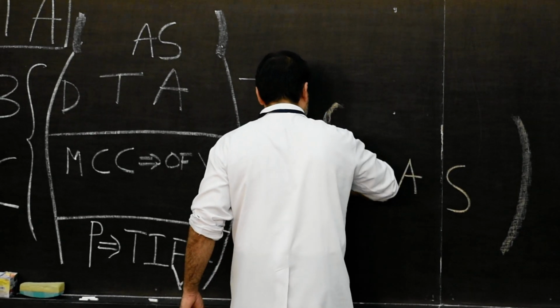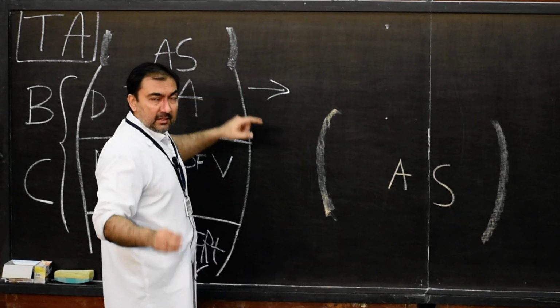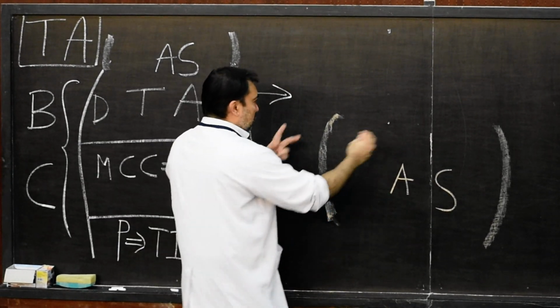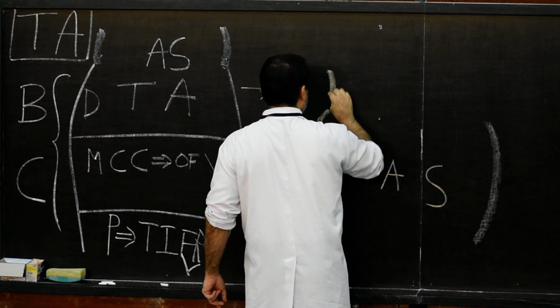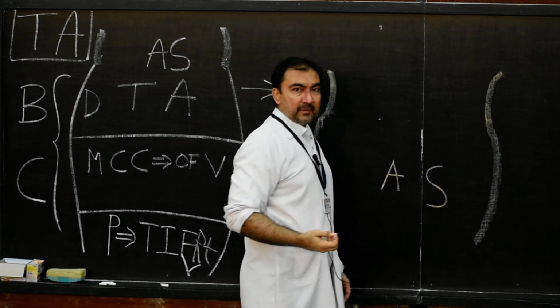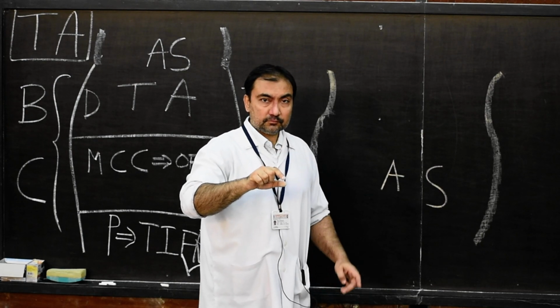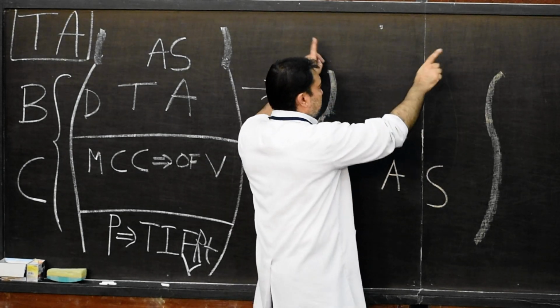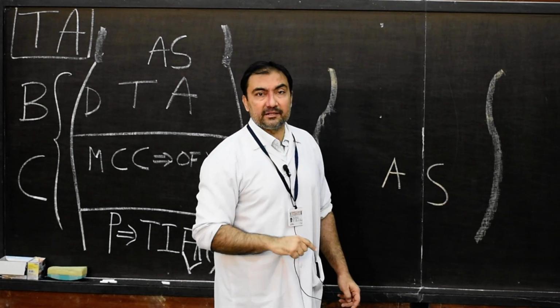This aortic sac, the most cephalic portion of truncus arteriosus, will divide into two limbs, right and left, and each limb will be connected to the pharyngeal arches through aortic arches.